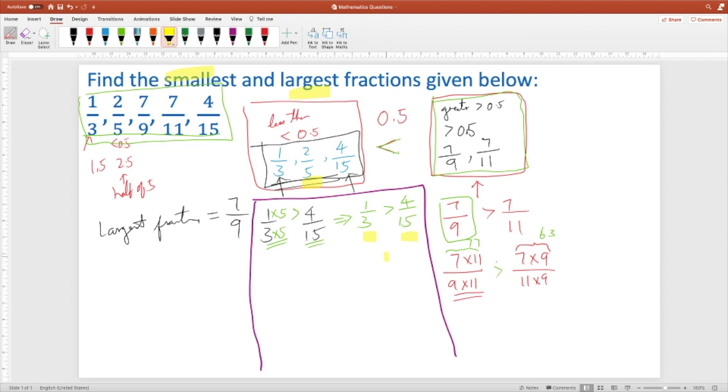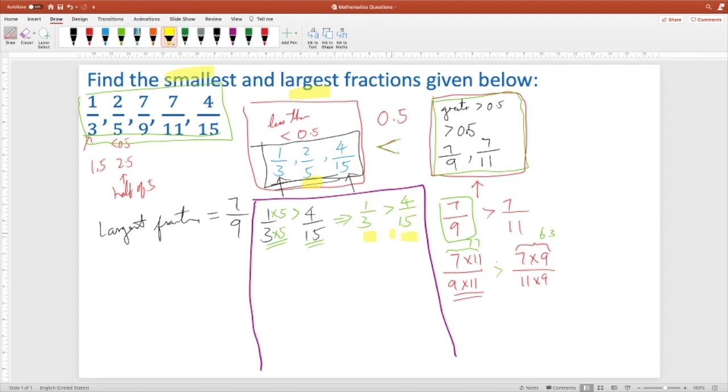1/3. Why? Because it's the largest one in that group. The largest one in that group? Okay. So because now we want to find the smallest. So which one is the smallest, 1/3 or 4 over 15?